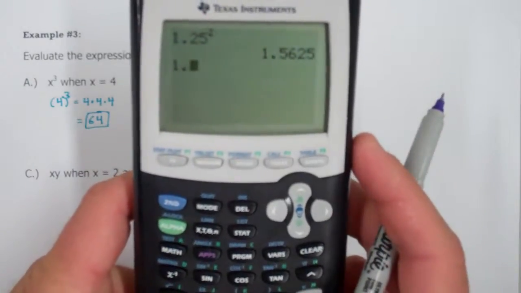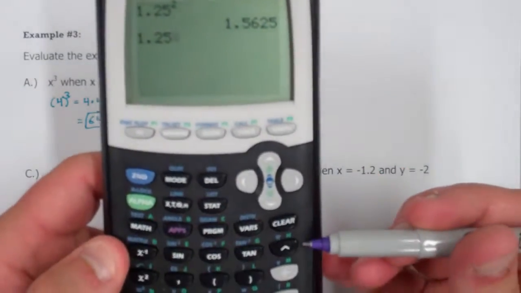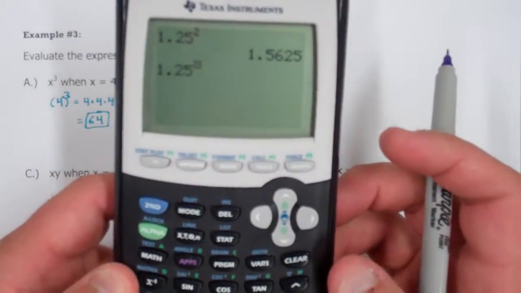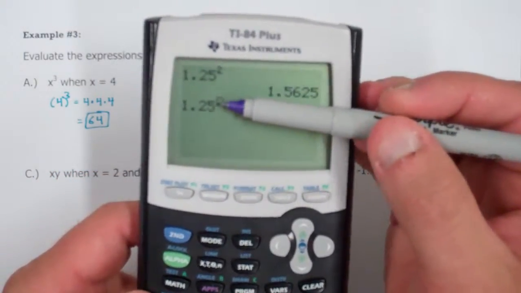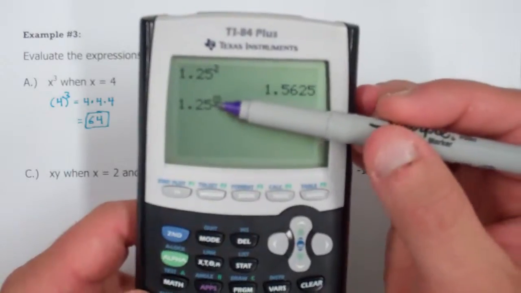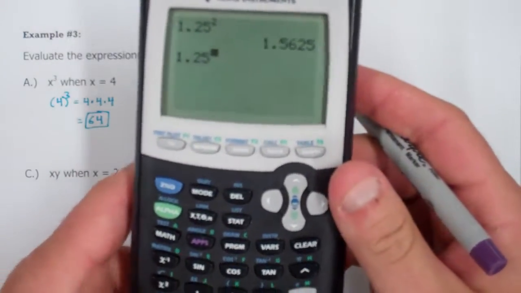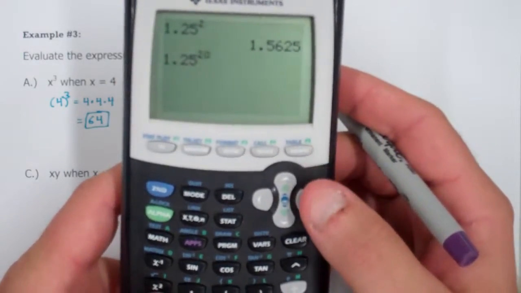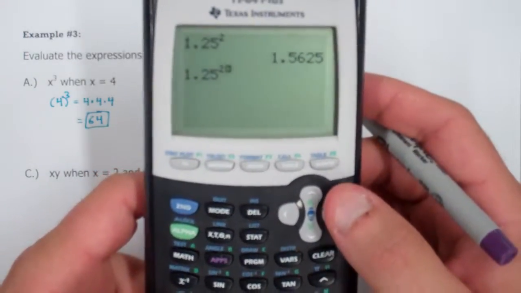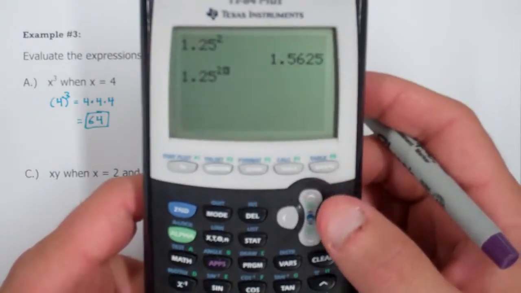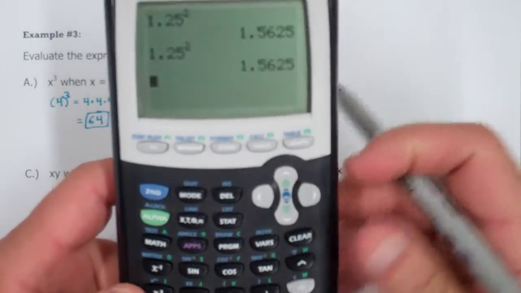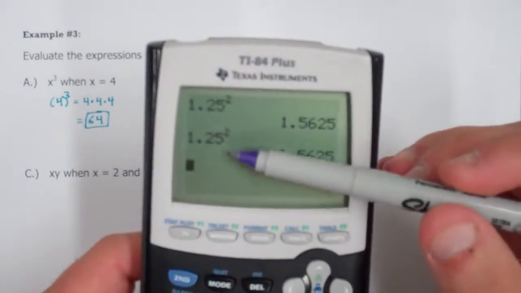You could also do 1.25, hit this little caret symbol. The caret symbol will, in some calculators, raise this, in other ones it will keep the little caret symbol, or the hat, some people call that a hat. And then you can also just type in a 2 there. So if you want to do something other than square, then you can definitely use your calculator to do that. You'll see we get the same value though, so for squaring it doesn't really matter.